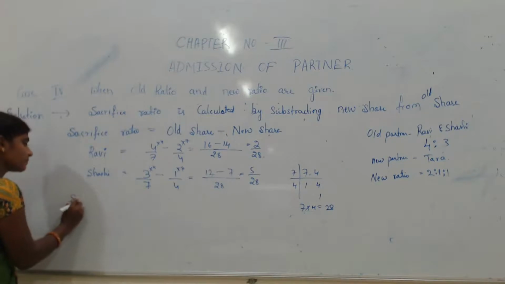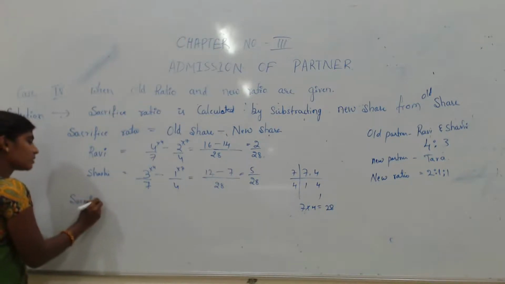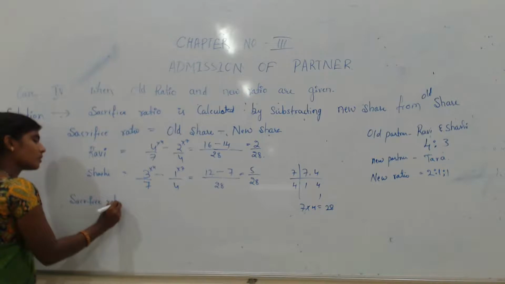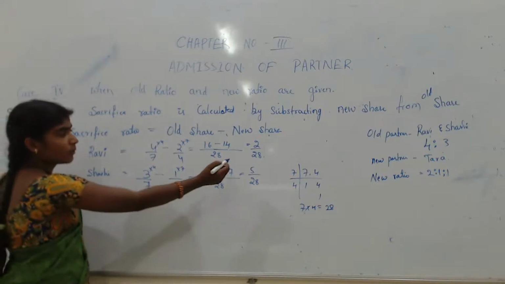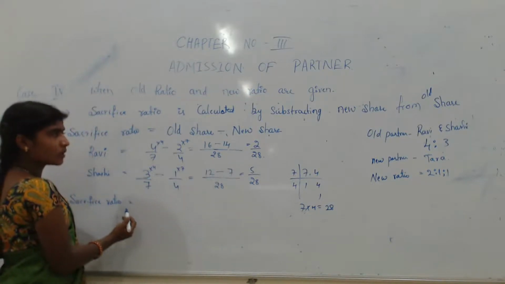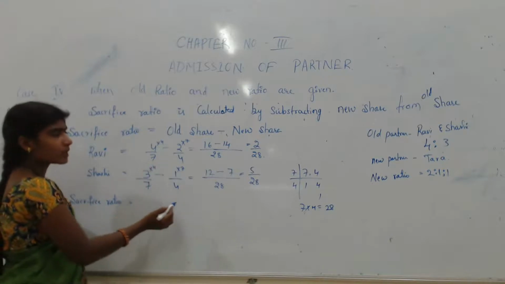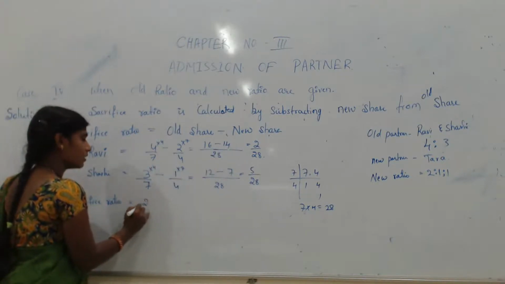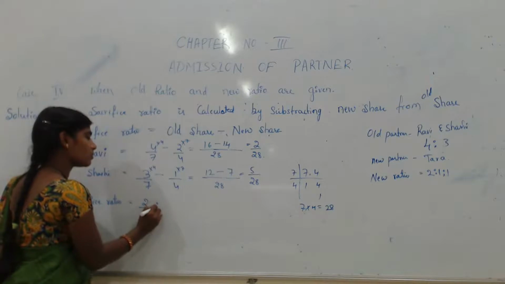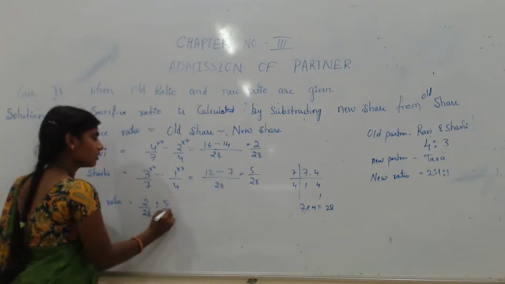Now, the sacrifice ratio is calculated only for old partners. So 2/28 is to 5/28.